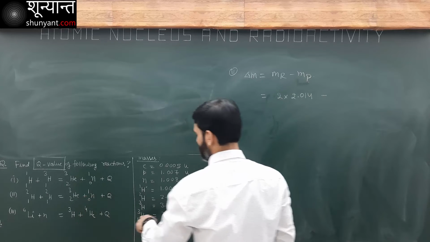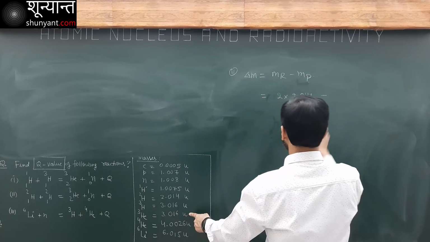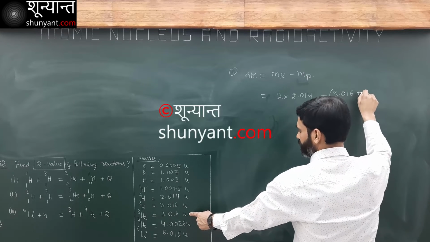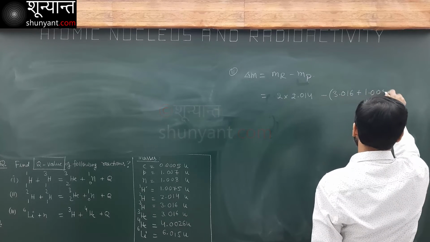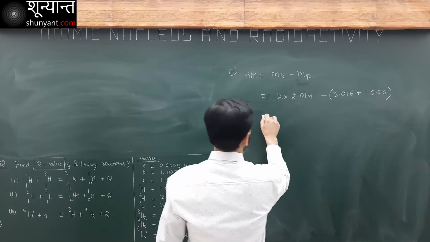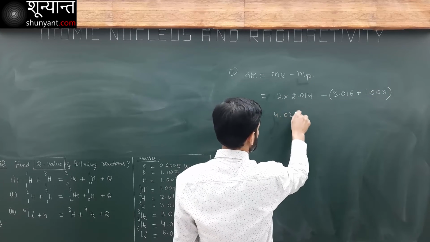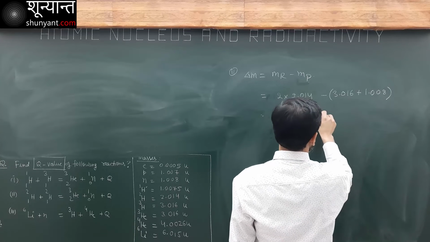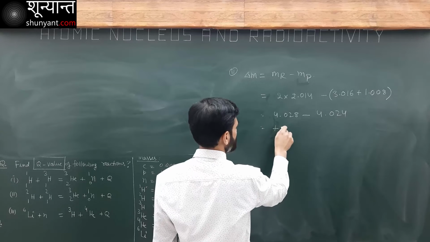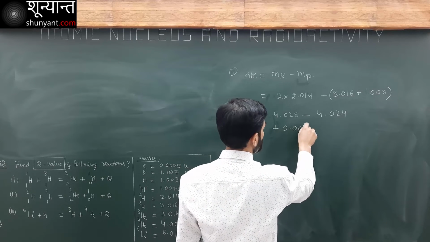Helium-3, which is 3.016, plus 1.008, the mass of neutron. This is 4.028 minus 4.024. We are getting a positive answer here, plus 0.004.